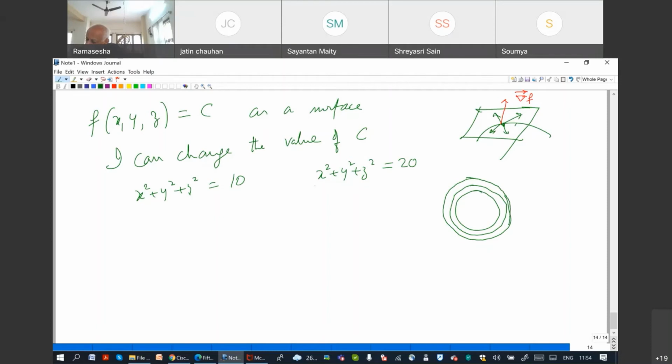So at the point P, the direction is perpendicular to all the tangent planes which are at that point P. So f of x comma y comma z equal to C, with C varying, leads to what are called level surfaces.